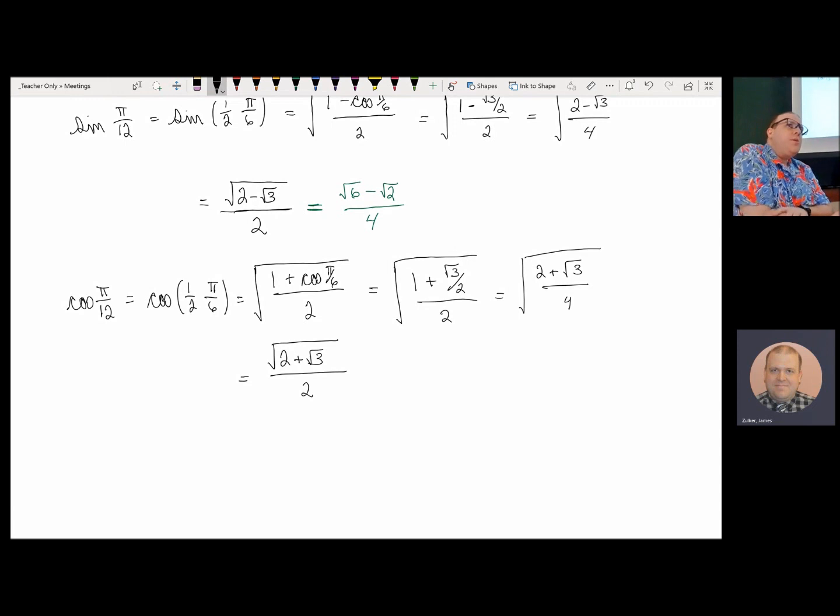Square root of 2 plus root 3 over 2. Which is a different form from cosine of pi over 12 we calculated before.